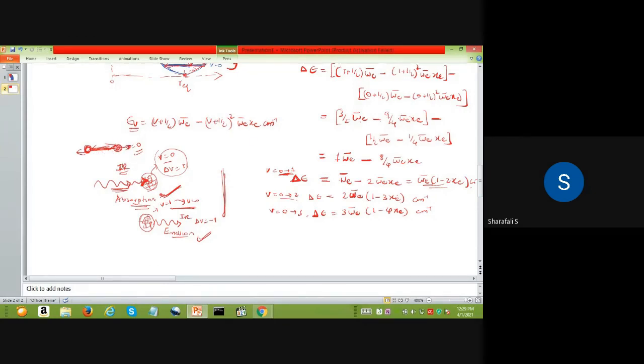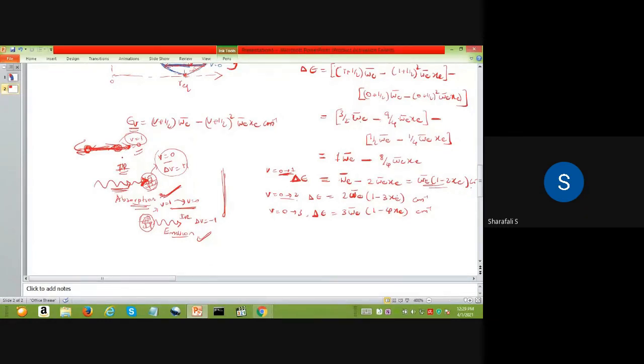That vibrational frequency will be associated with that energy level V equal to 0. And then if you are considering V equal to 1, this vibration frequency will be faster as compared to the previous case. The stretching and compression will happen very quickly, so per second it will be much higher.